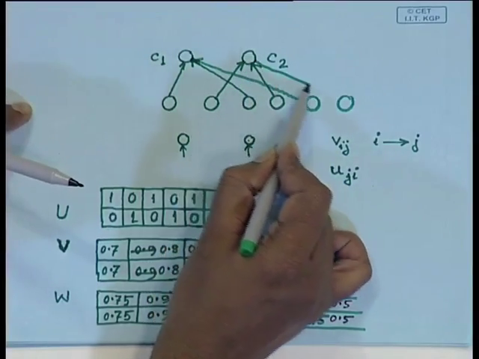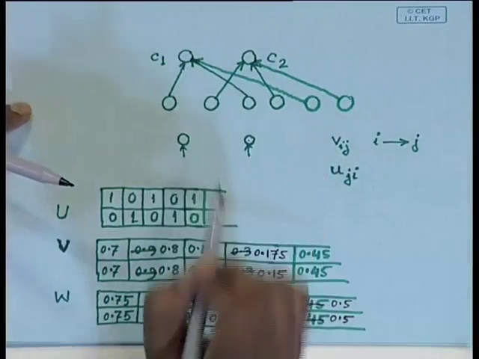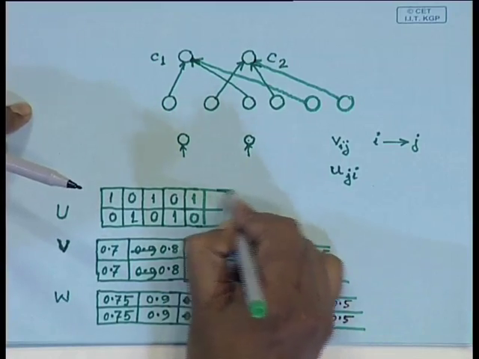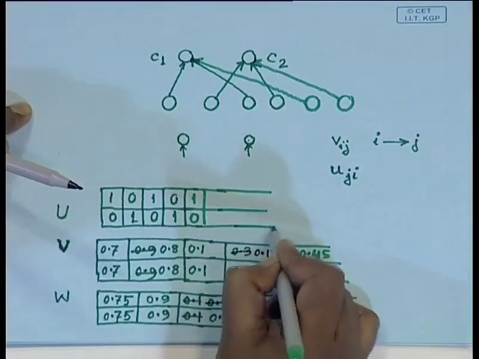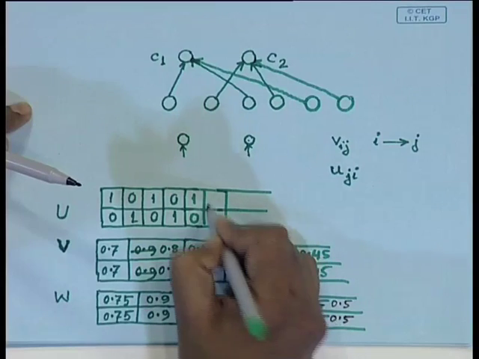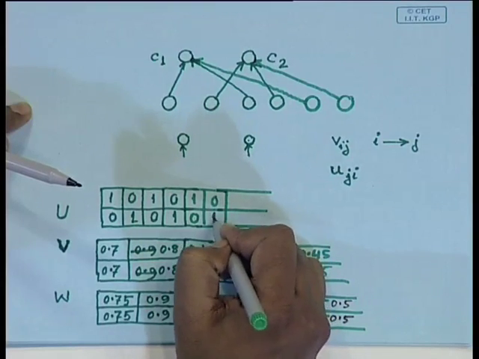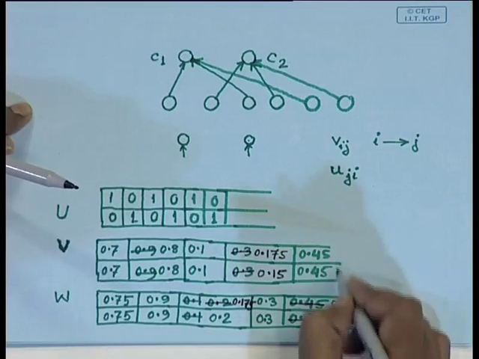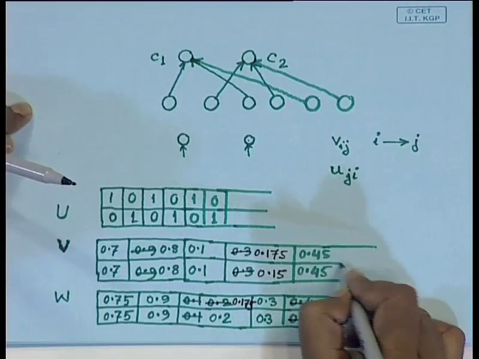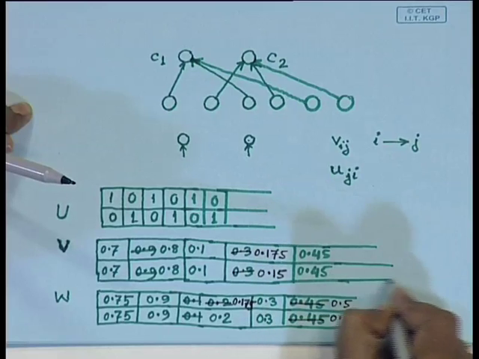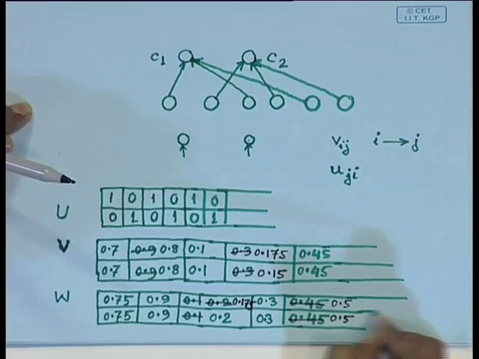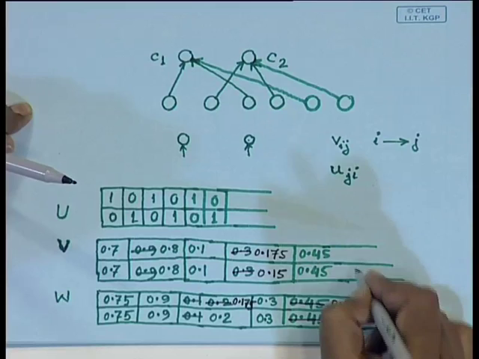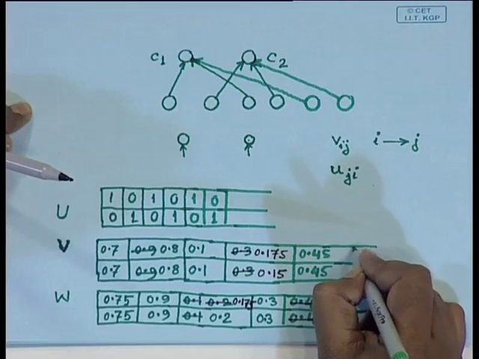So, I have to change the corresponding U matrix, right. So, I have to add a column in the U matrix, which will be 0 1, because this belongs to class C 2. Okay. And in the V matrix, I have to add a column corresponding to this particular point.